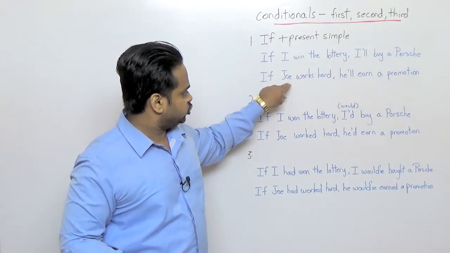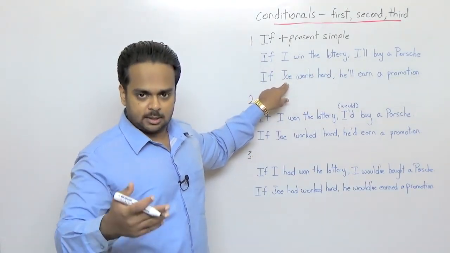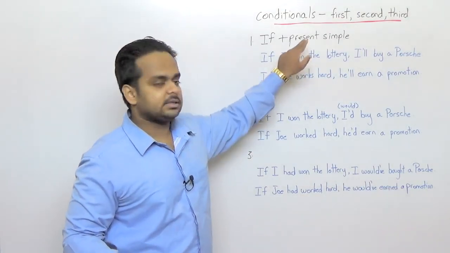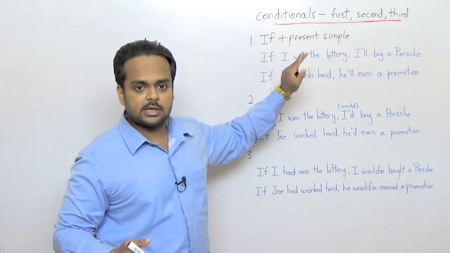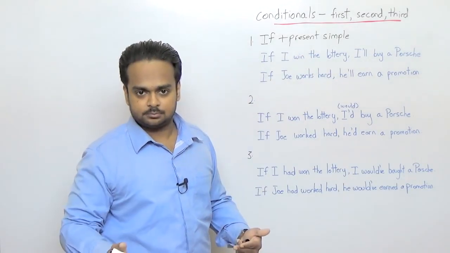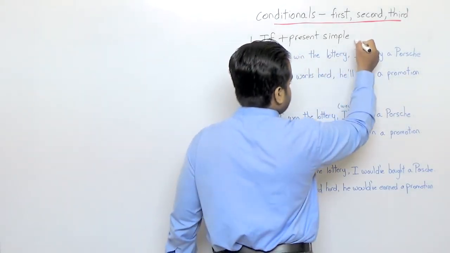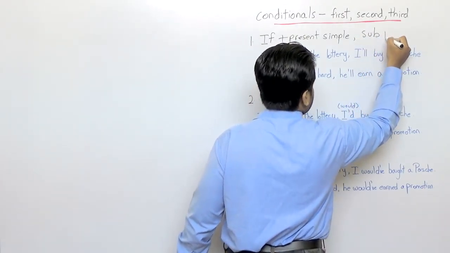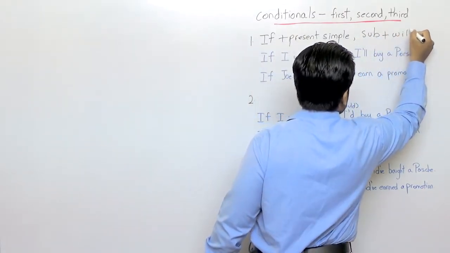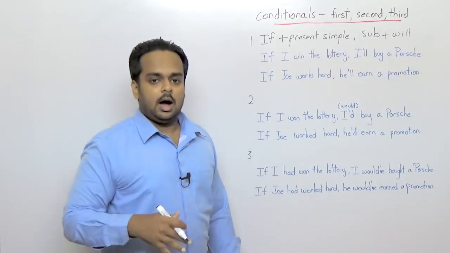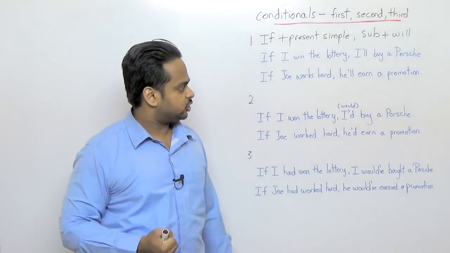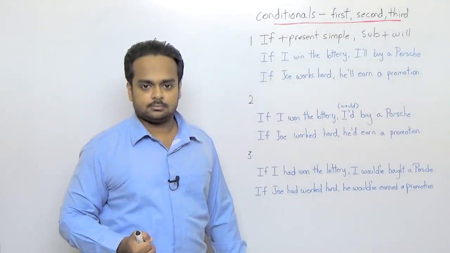The same way Joe, who's the subject, who or what is doing the action, and then you have works, which is again in the present simple. This is what shows us that the situation is possible. And then in the result, we have a sentence with a subject and then with will. So I will buy a Porsche. And when we speak, we say I'll buy a Porsche, or he'll earn a promotion.